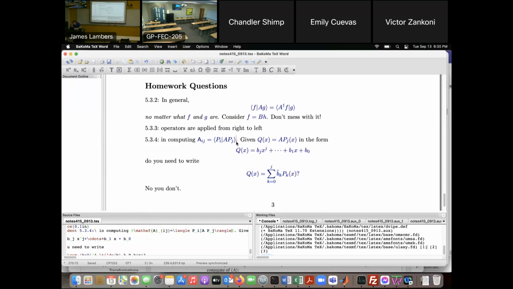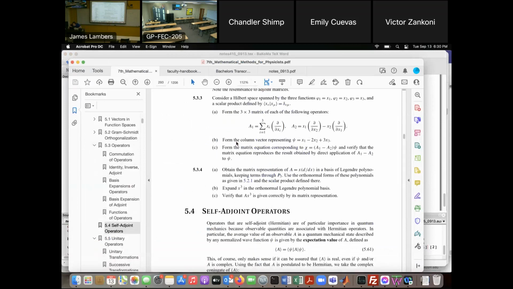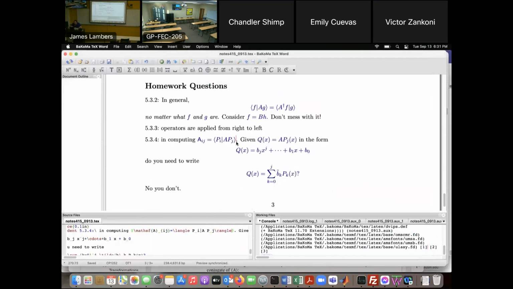Okay, so as far as what you actually need to do, and we'll see if that jives with what you're concerned about. You already have the Legendre polynomials in whatever form. You go ahead and plug in the operator, take the scalar product of that with pi, just grinding out the integral.